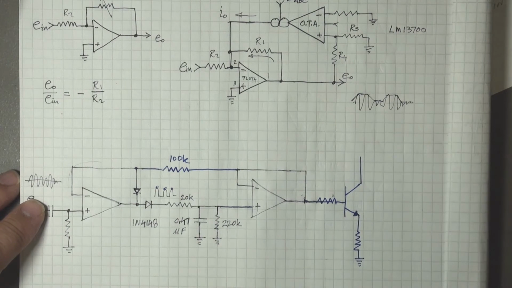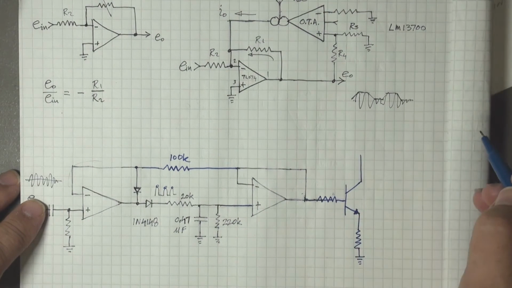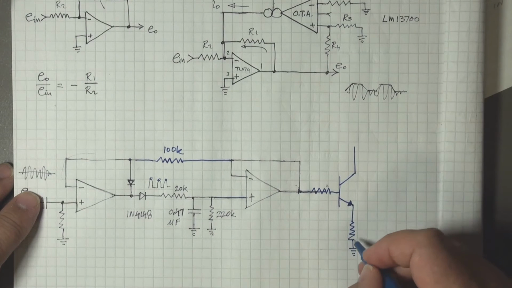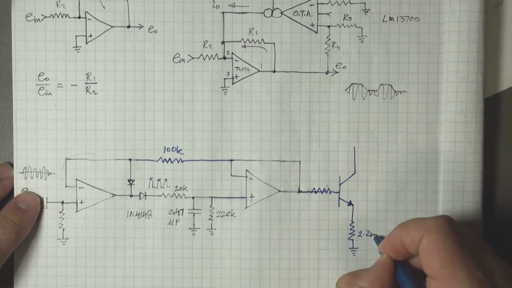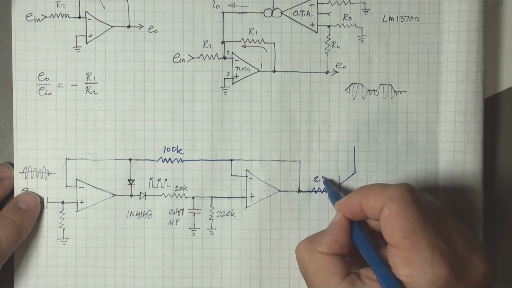Without drawing too much of what we're going to have up here, the idea is I have a resistor here, let's say it's 2.2K ohms and 2.2K ohms.